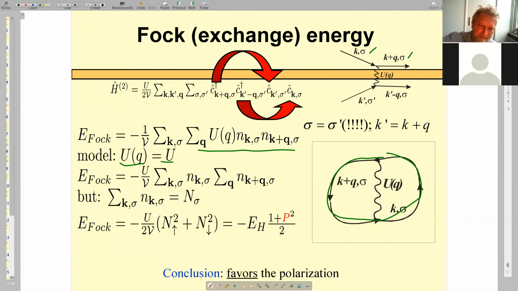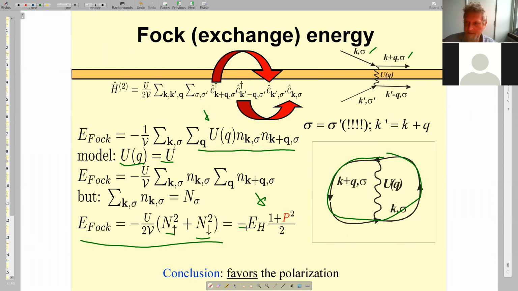So that's what we got. Again, this is a double sum, but this double sum is separate for the two spin directions, and we have to sum up over spin directions. Good, so it's a minus sign. It's the number of particles with different spin, and now we have dependence on the polarization, with a minus sign.